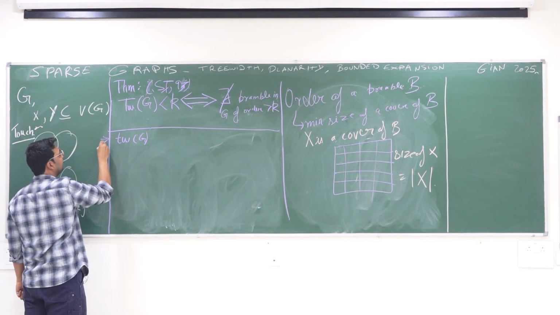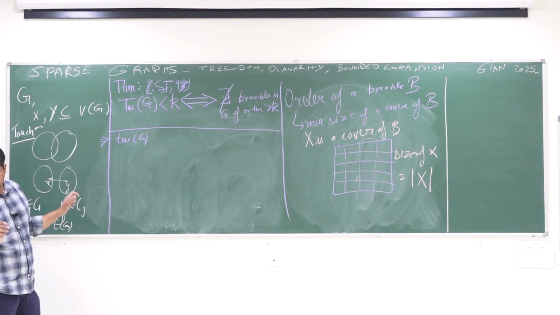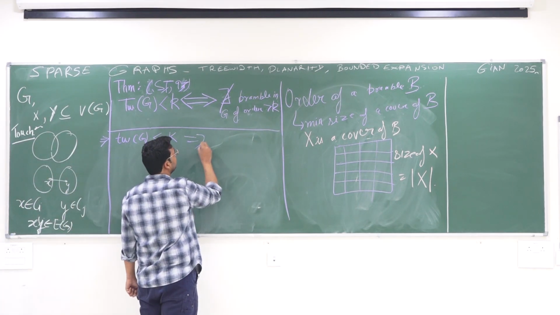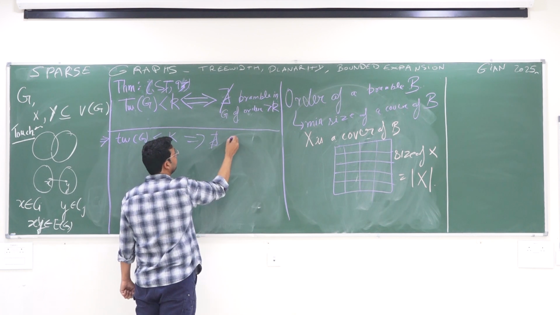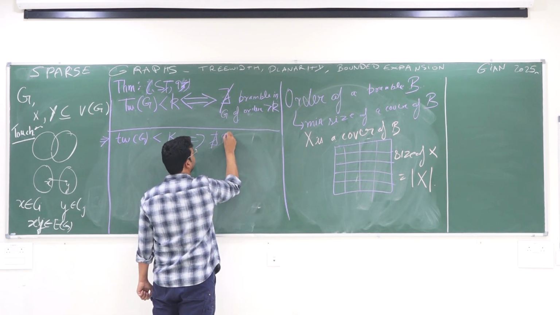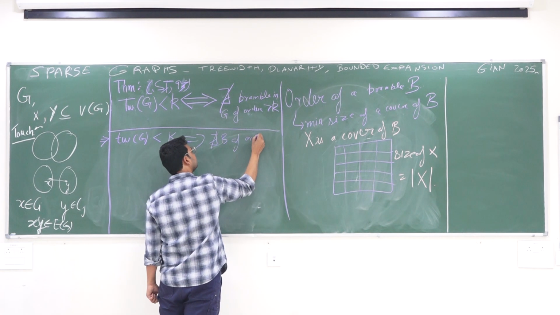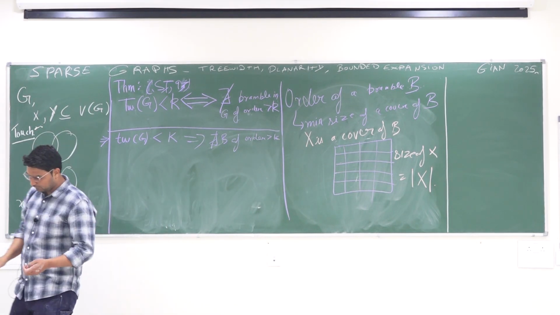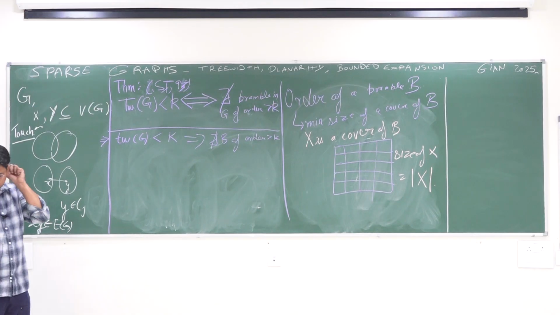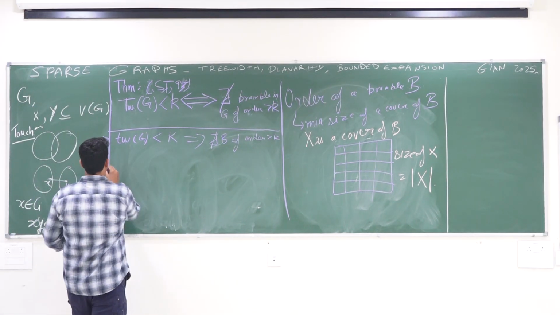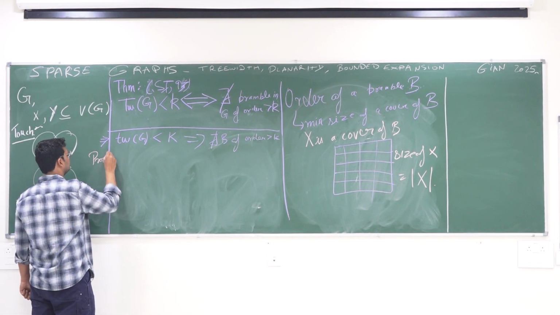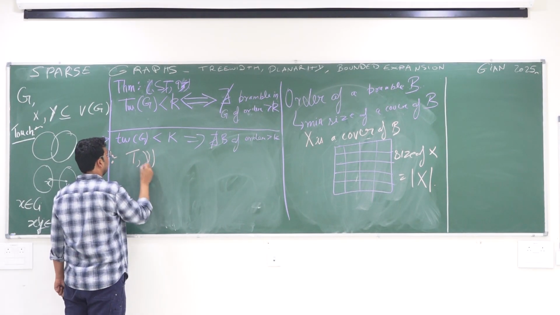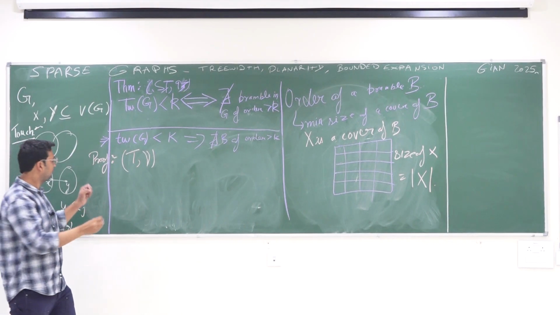We will prove the forward direction first, which is relatively easier, which says that if my treewidth is less than K, then there is no Bramble of order greater than K. And to this end, we will present a proof. So let's say that we have a tree decomposition, TD, of my graph G.